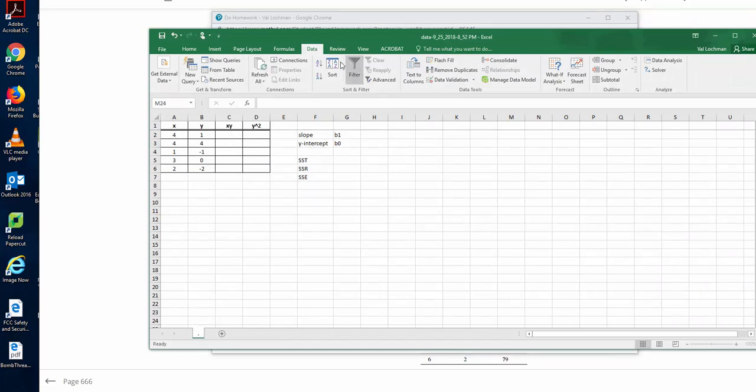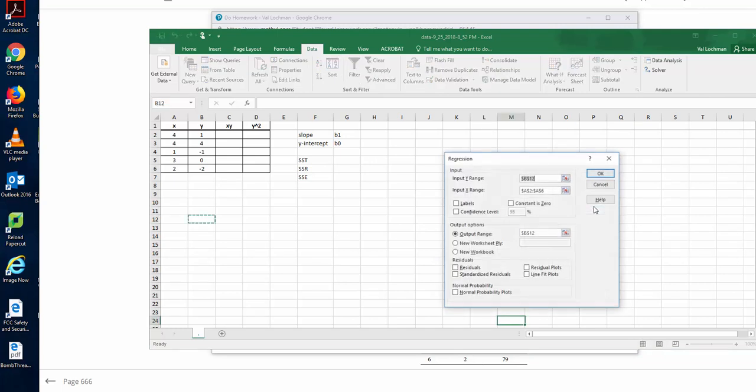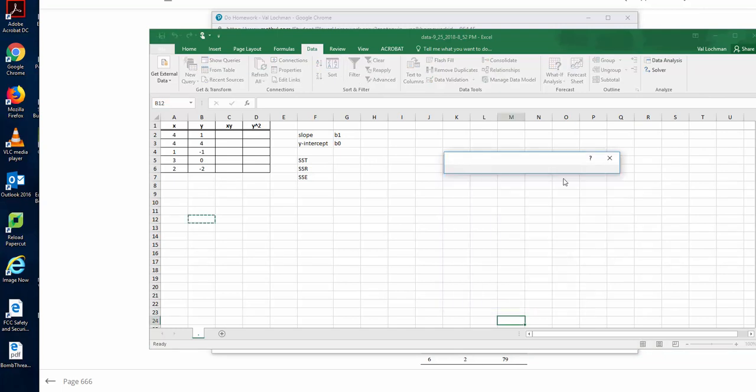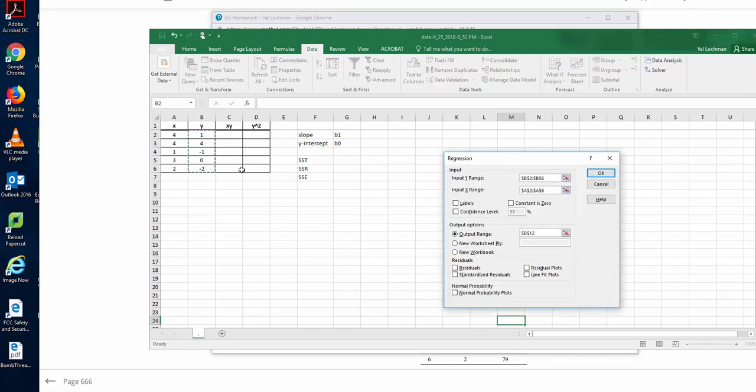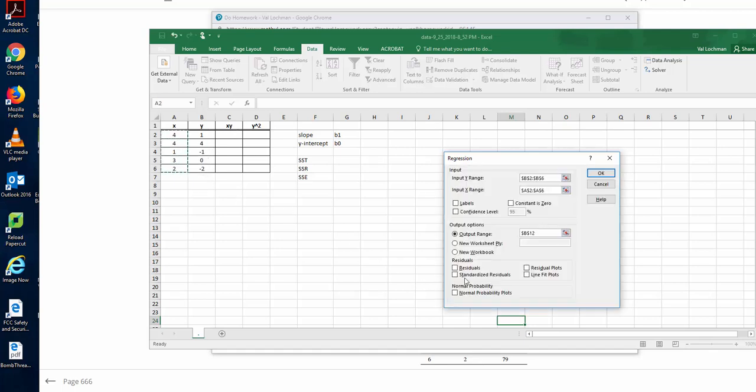We're going to go to data analysis, pick regression. For the input y range, we're going to highlight this column here. For x range, this column right here. Okay, let's see.